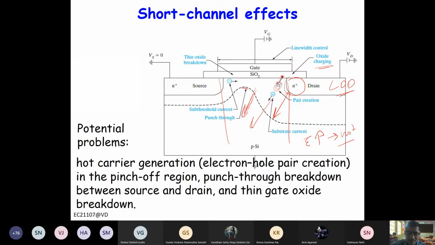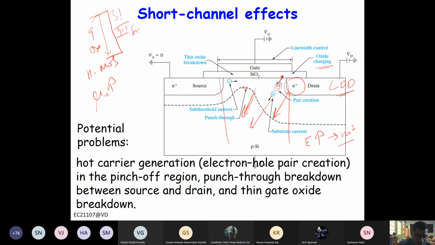There are two reasons for this. In NMOS, mobility is higher, right? So there's a high chance of creating electron-hole pairs. And moreover, if you see the band diagram here, this is oxide, this is silicon. The silicon band gap is 1.1 eV, and the oxide band gap is around 9 eV.